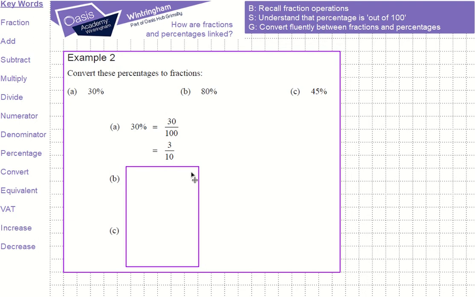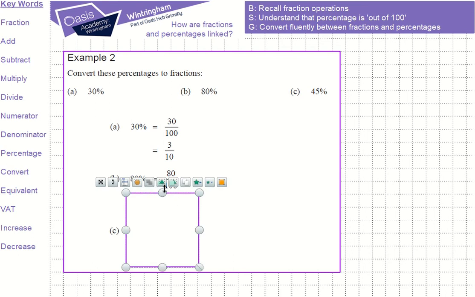Part B, 80%. Write the question down, 80%. And again, to convert from a percentage to a fraction, we need to divide by 100, so it's 80 over 100. This time we can divide both of those by 10, which will give us 8 over 10. And also both of those will be divided by 2 as well.